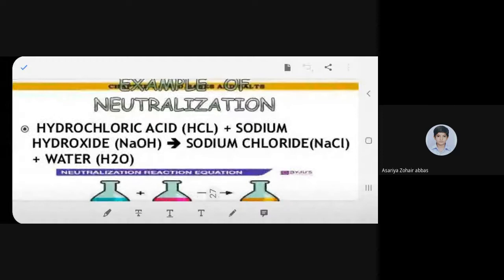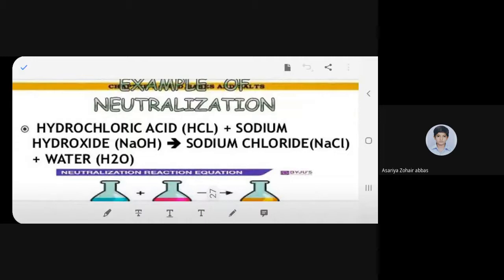Hydrochloric acid. Read properly. Hydrochloric acid, HCl, plus sodium hydroxide, NaOH, gives sodium chloride, NaCl, plus water. Water, what is the formula? H2O. Very good.